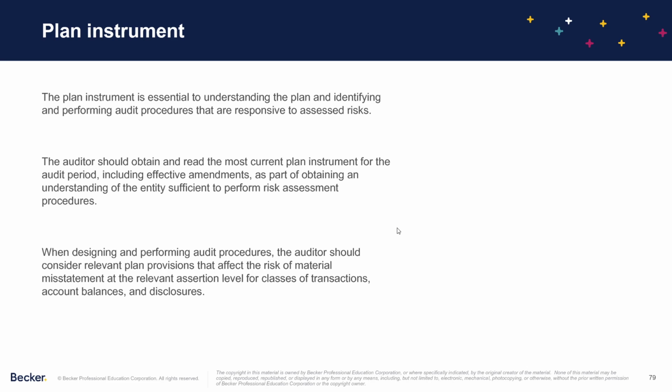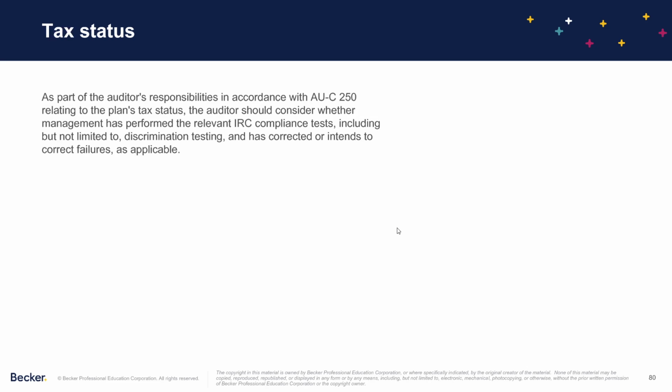In terms of tax status, as part of the auditor's responsibility under AUC 250, which is our requirements for laws and regulations, when we look at the plan's tax status, we should consider whether management has performed the relevant Internal Revenue Code compliance tests, including the discrimination testing, and has corrected or intends to correct failures.